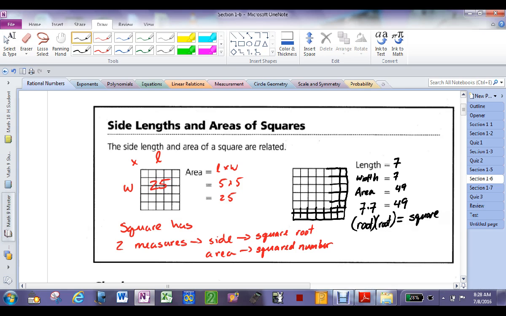Now listen. This gets confusing simply because of terminology. Square root, square. People forget which is which. The square root is the smaller one. The square is the bigger one when you're using whole numbers. Everybody cool with that?